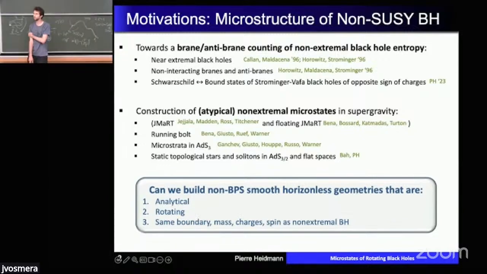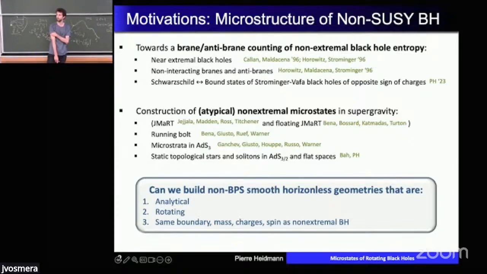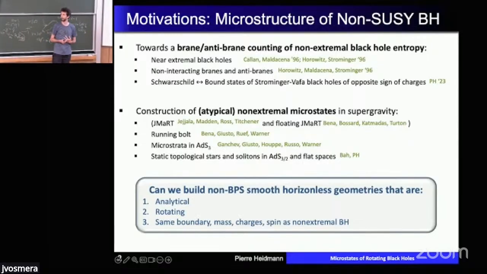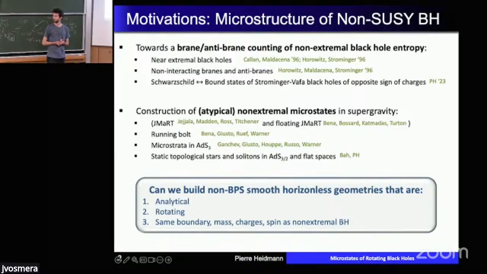The question we will ask is, can we build something non-BPS, smooth and horizonless, a bit like the list above, but an analytical solution, rotating, that can have the same boundary mass, charge, and spin as a non-extremal black hole? Those three ingredients are key, and for the list above, JMaRT, running bolt, microstate, etc., at least one ingredient is not satisfied. So this will be the discussion of this talk. Can we build a framework in supergravity where we can extract such an analytic solution that is rotating and has the same charge as non-extremal black holes?